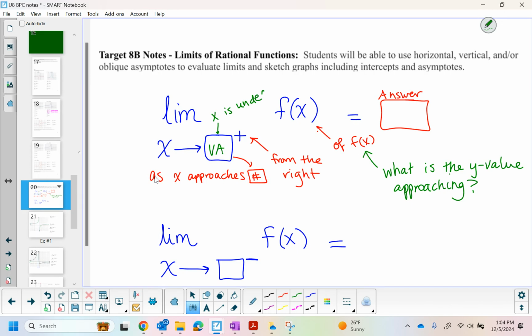So we can't ever actually reach it, but we're going to say as we approach it from that direction, what is happening to the y value? And then this is very similar down here, but this minus sign means that we're approaching from the left. So let's look at some examples to see how we do that.